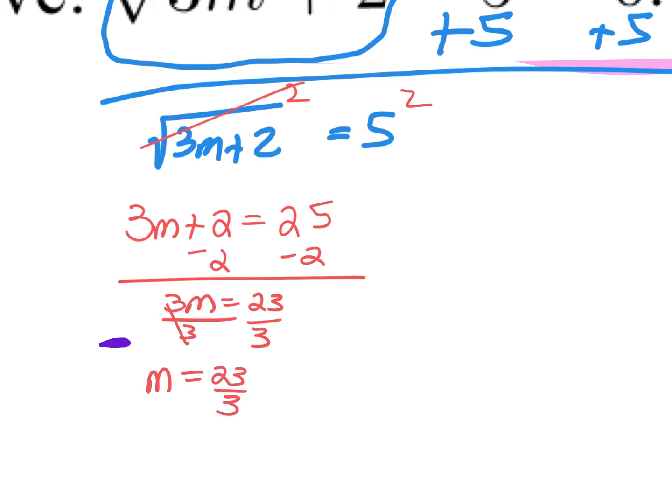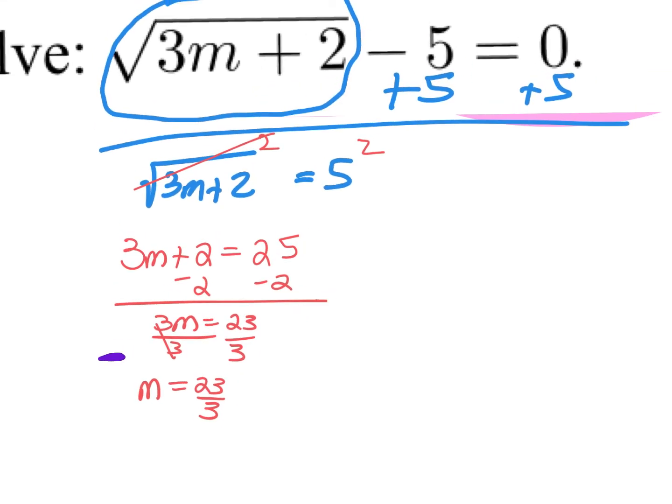Is it okay to get a fraction? Yes. Now, you have to check, guys, because you got to make sure that it satisfies the equation. So I have my equation of the square root of 3m plus 2, and then this minus 5 is on the outside equals 0. When I say satisfies the equation, it means when you plug it back in, it makes the equation true.